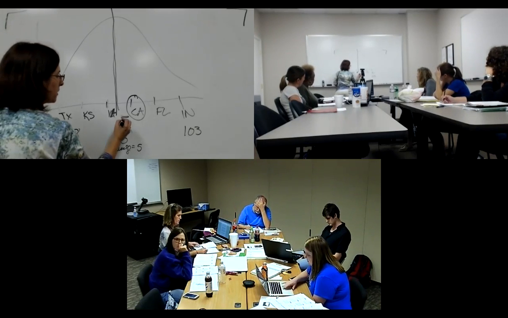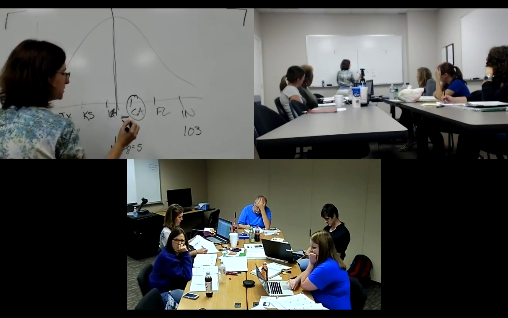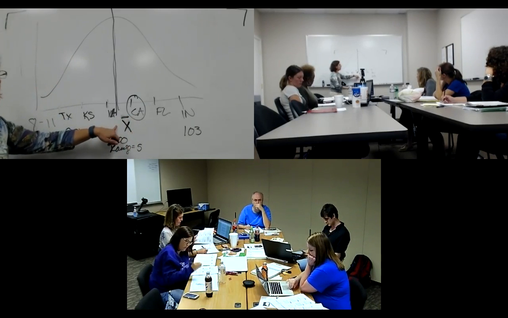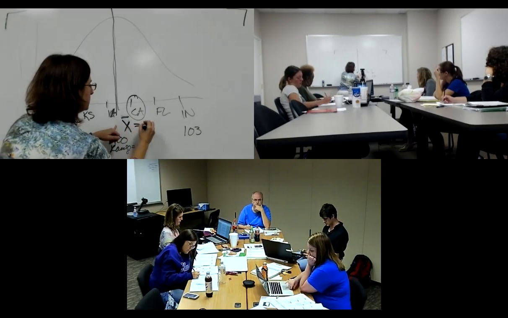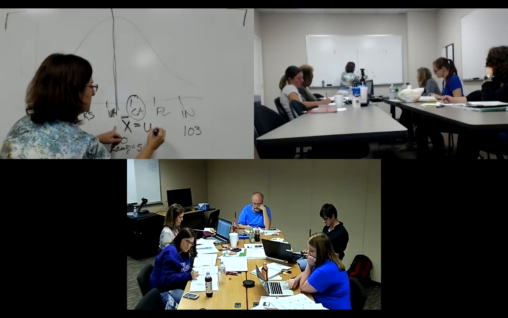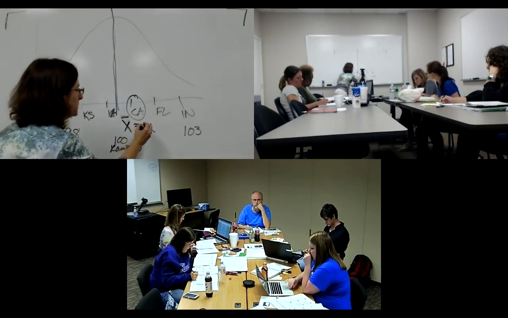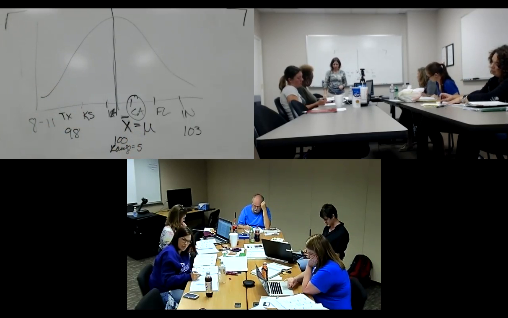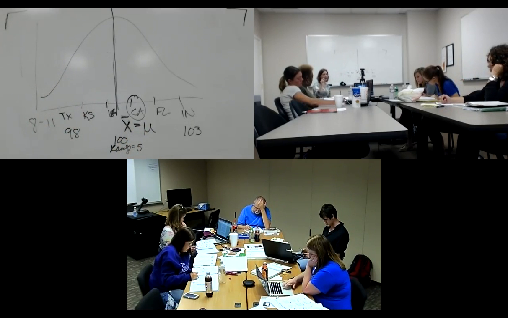For the sample, our symbol for mean is the X with the line over it. For a population, it's that. It's the mu. So when you see that, that stands for the population mean. And the population mean is going to equal the mean of the raw score distribution.